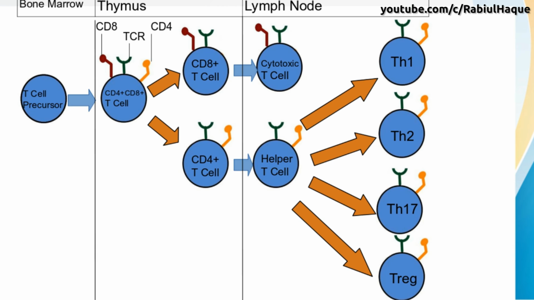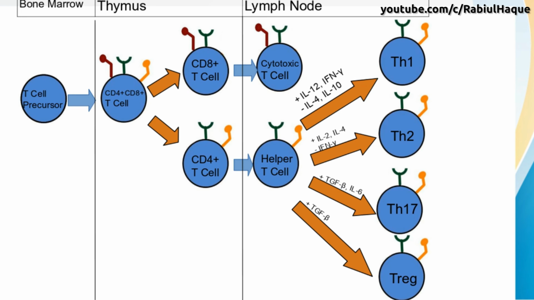Some are becoming CD8 and some are becoming CD4 positive T cells, and from the CD8 positive T cells we will ultimately get cytotoxic T cells, and from CD4 positive T cells we will get helper T cells, and again helper T cells will be further differentiated into Th1, Th2, Th17, and also into regulatory T lymphocytes, as we will see.